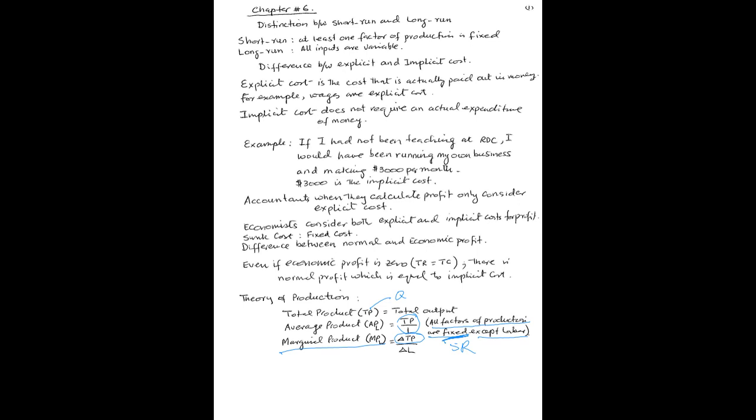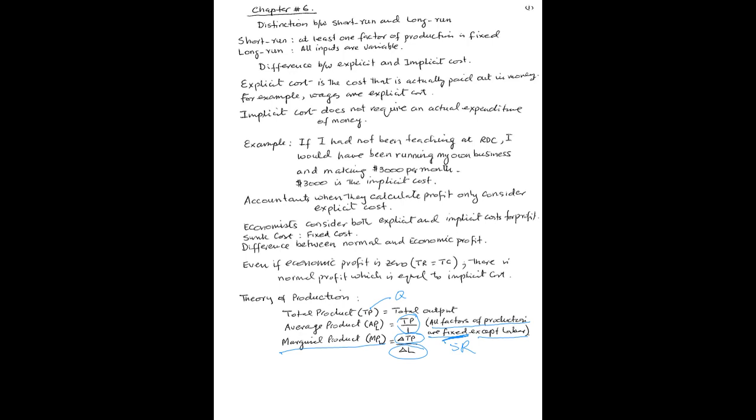Same as marginal utility in chapter 5 that we discussed: the change in total utility divided by the change in output Q. That is, when you consume one additional unit, what is the change in your total utility? Same concept. What is the change in total output when you hire one additional worker? That is marginal product, sometimes called marginal productivity.